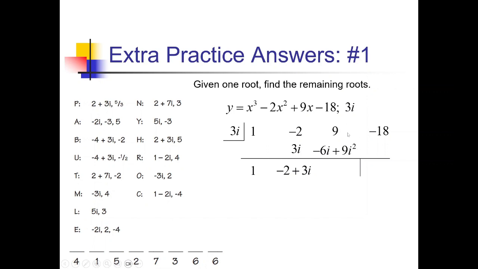So we have a 9 and a -9 canceling out, leaving us with just a -6i. And then multiplying that by 3i again gives us -18i squared. i squared is -1, so this is actually +18, and I'm adding that to -18, so I get my hoped-for result of 0 here. So that tells me I did all this correct, because I should get 0 if I'm actually plugging in one of the roots.